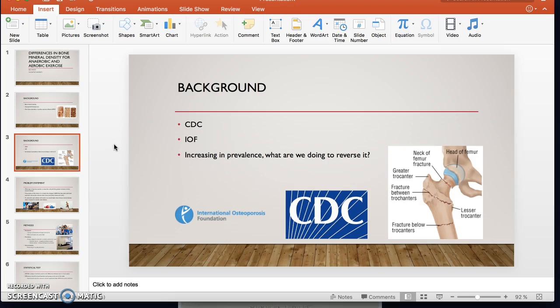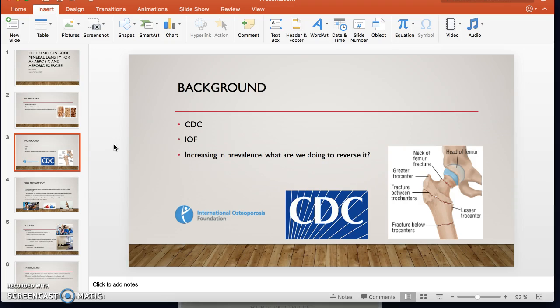And then one last statistic to talk about here is that approximately 1.6 million hip fractures occur worldwide each year. That's a ton, and projected out, this organization claims that by 2050 this number could reach between 4.5 million and 6.3 million.